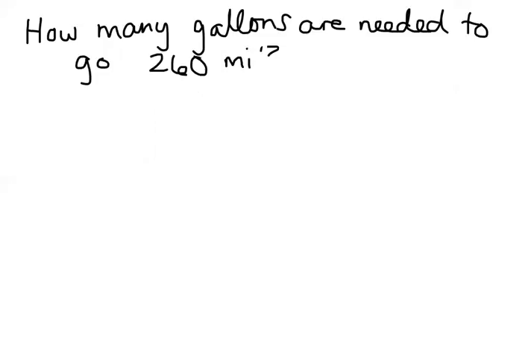In this case, you're going to start with the amount that's measured, that's miles, 260. And then you're going to use your conversion factor. However, in this case, you're going to put the 24 miles on the bottom. So you have to flip that conversion factor completely, not just the units, but the numbers, right? Because once again, that line is saying 1 gallon equals 24 miles. So 24 miles is going to go on the bottom.